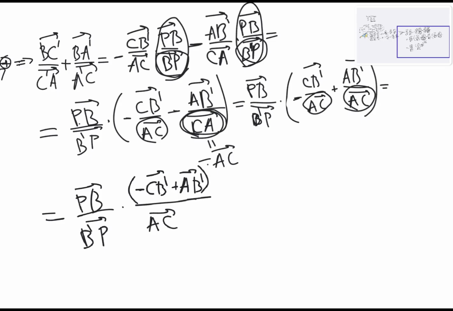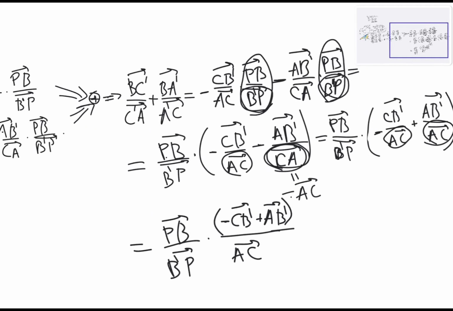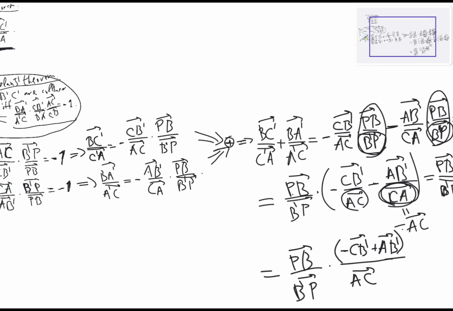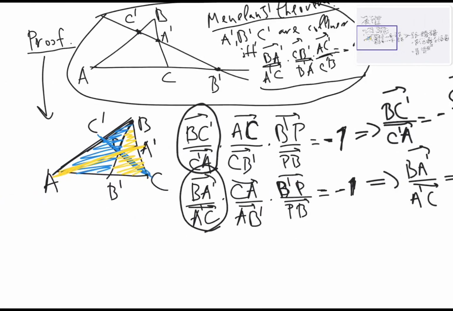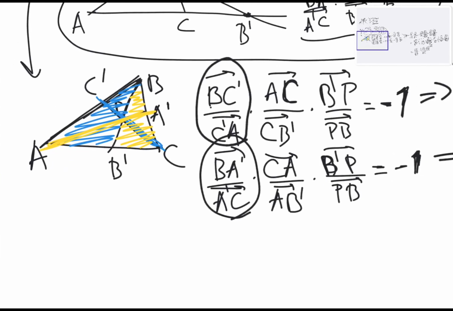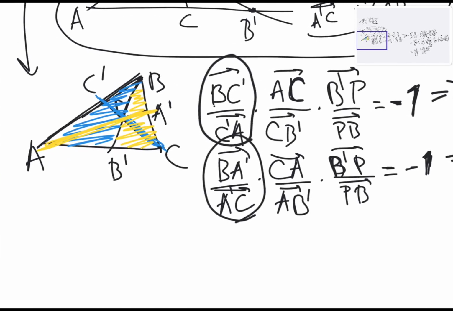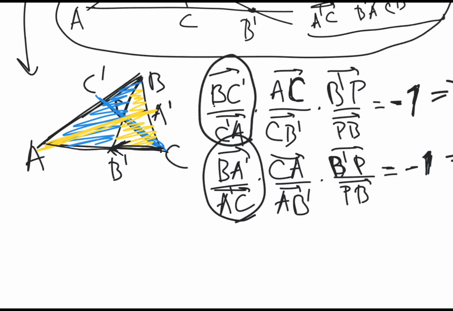So now let's see what CB prime and AB prime are. We have minus CB prime, this vector, plus AB prime, this vector, right?